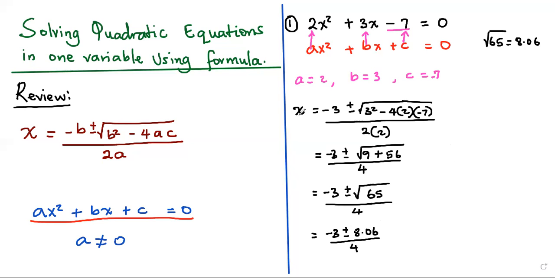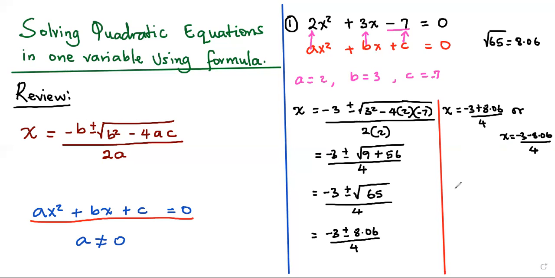So we can go ahead and say that x is equal to negative 3 plus 8.06 out of 4, or x is equal to minus 3 minus 8.06 out of 4.